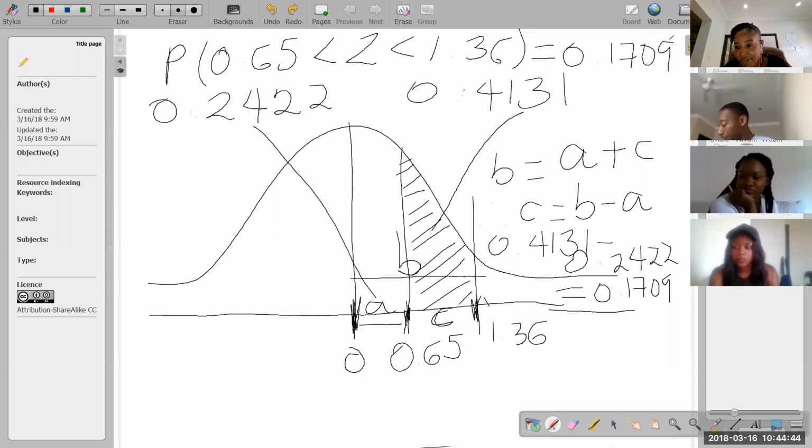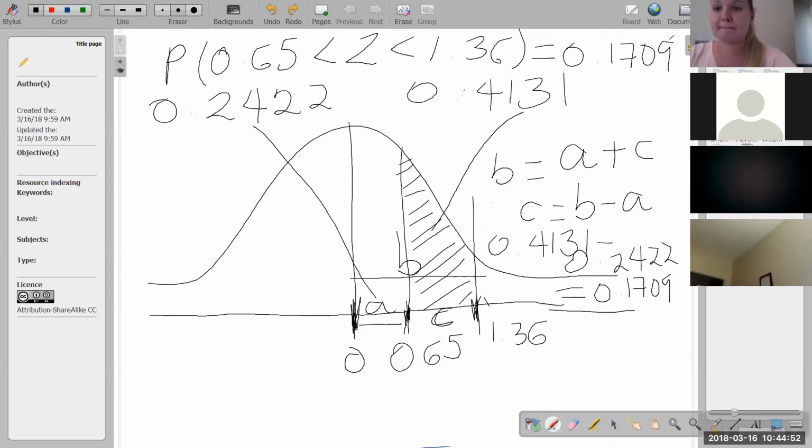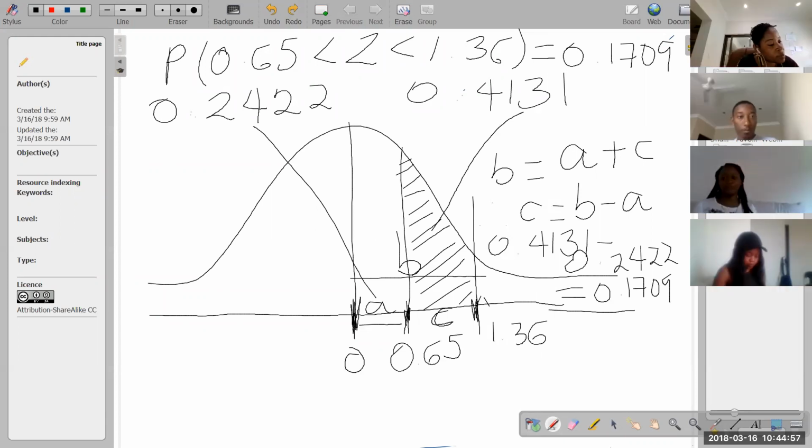Oh, okay, I can see. Can see Wemby's face now. So we're all on the same page now. Everybody happy with normal distribution? Okay. Is there any other example? Okay, there are more examples. It's not too bad to try.